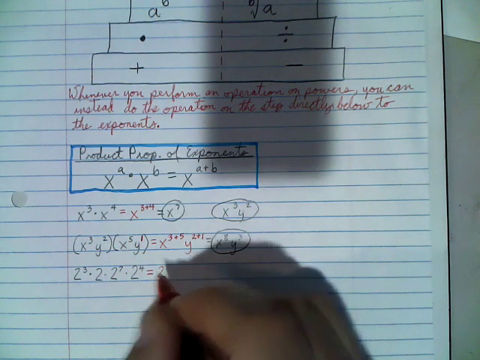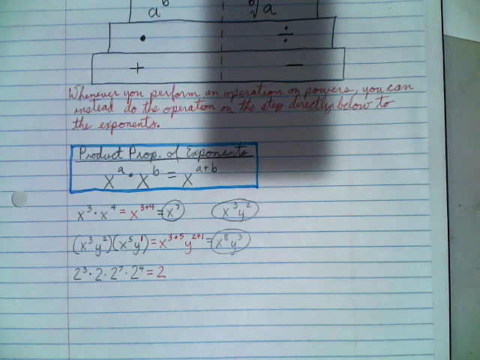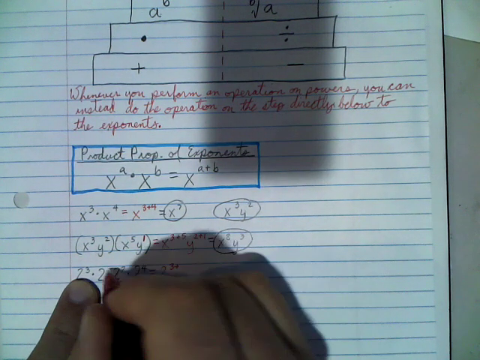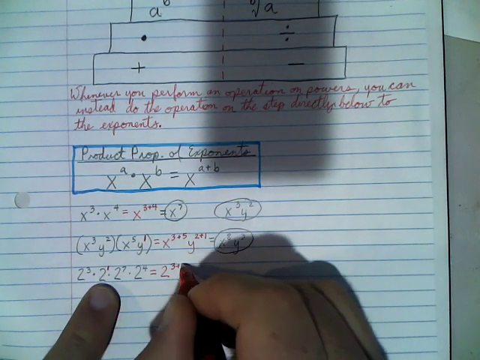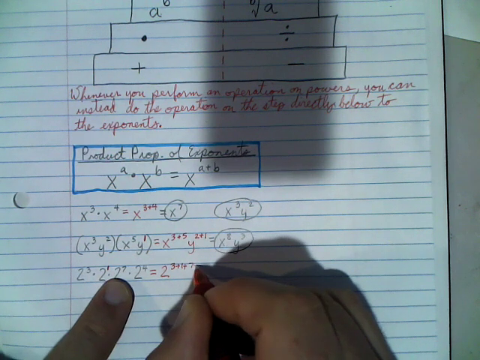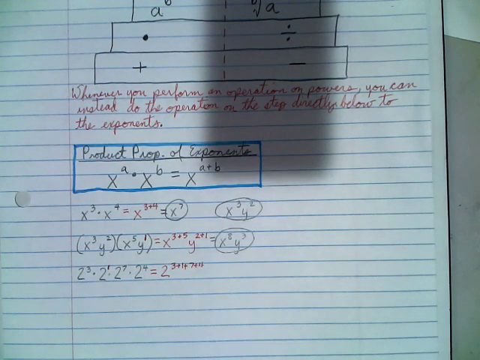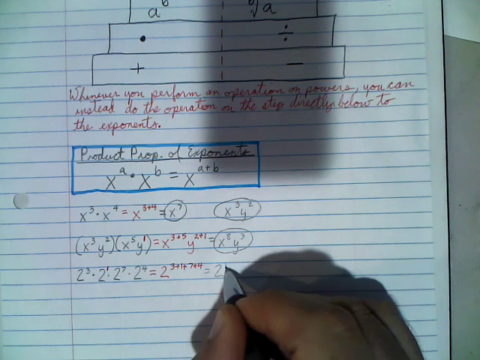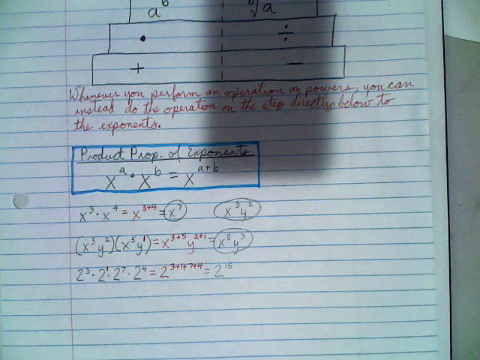So this will just combine all into one power of 2. Add up the exponents. I have the 3 plus the invisible 1 plus the 7 plus the 4. And if we add that up, 3 plus 1 is 4, plus 7 is 11, plus another 4 is 15. So this really all comes down to 2 to the 15th power.